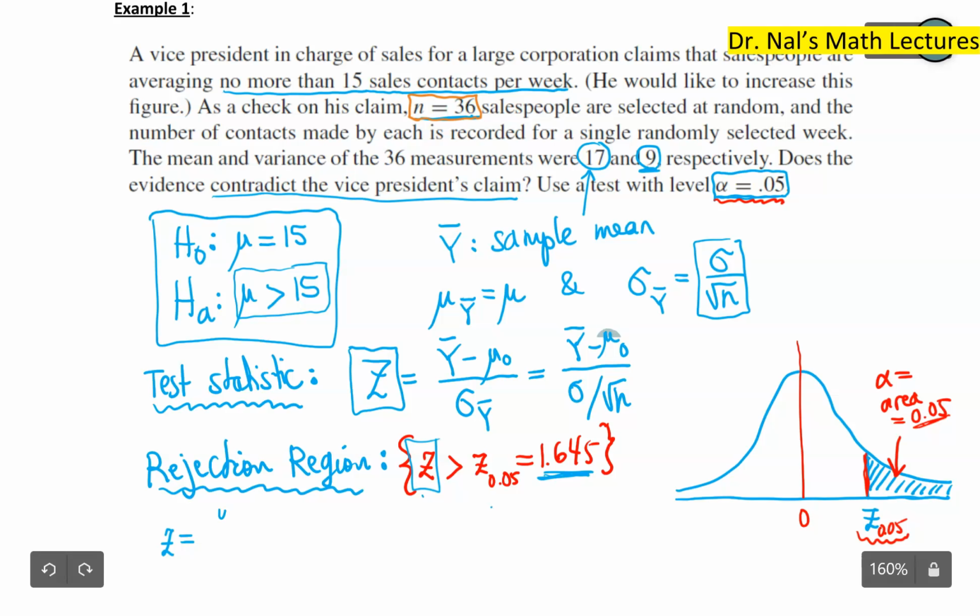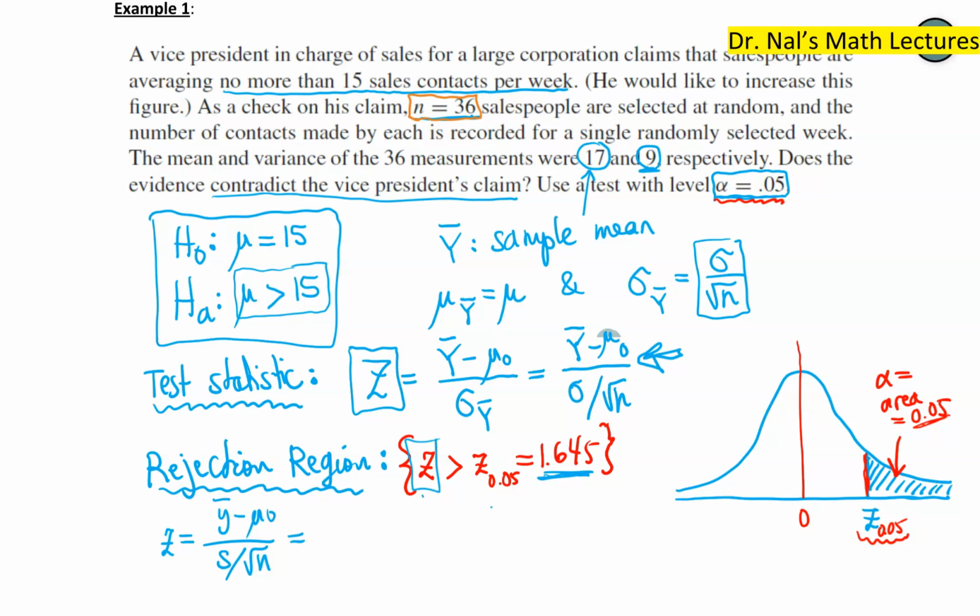So z is just y bar minus mu 0, I'm just rewriting this formula here, divided by s over the square root of n, where s is the sample standard deviation. And y bar came out as 17, we are told.